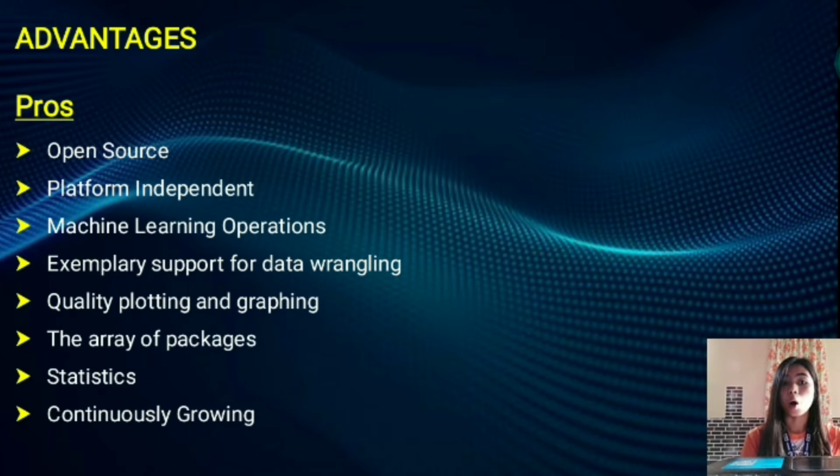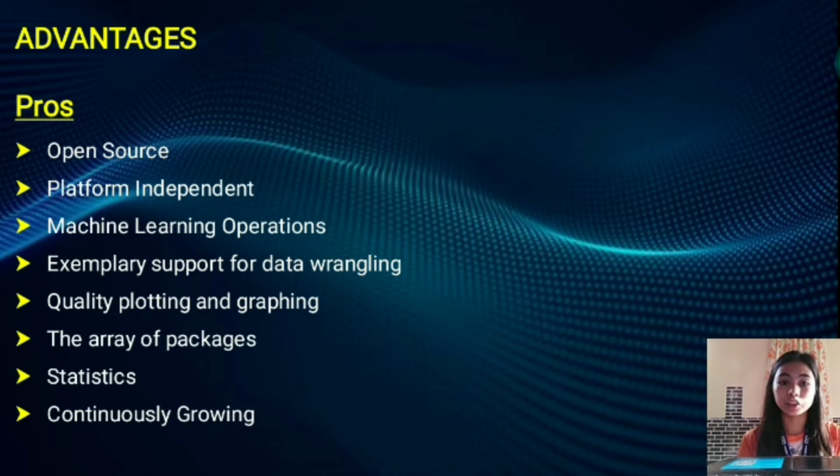Advantages. Open source. R is an open source programming language. This means that anyone can work with R without any need for a license or a fee. Furthermore, you can contribute towards the development of R by customizing its packages, developing new ones, and resolving issues.